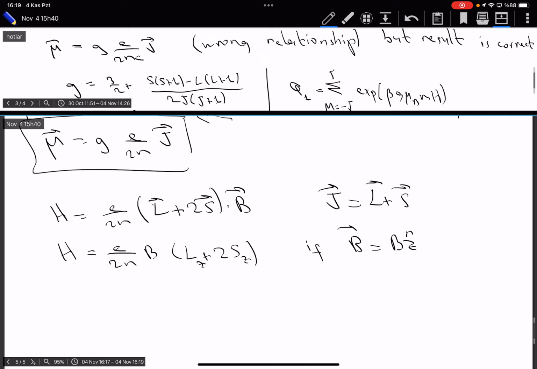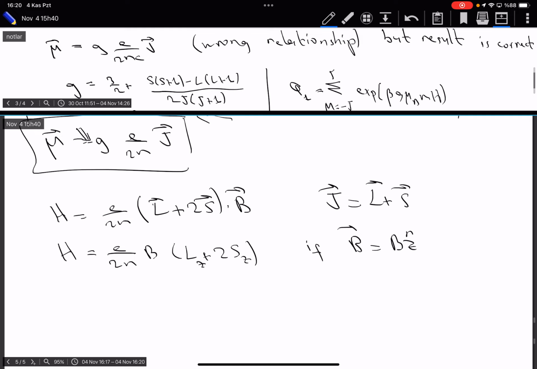Let's see the energy eigenvalues. There's a minus sign, since the electron has a negative charge, so that is why in the Hamiltonian I don't get a minus sign. There's a minus sign plus the negative charge of the electron, so that's plus.